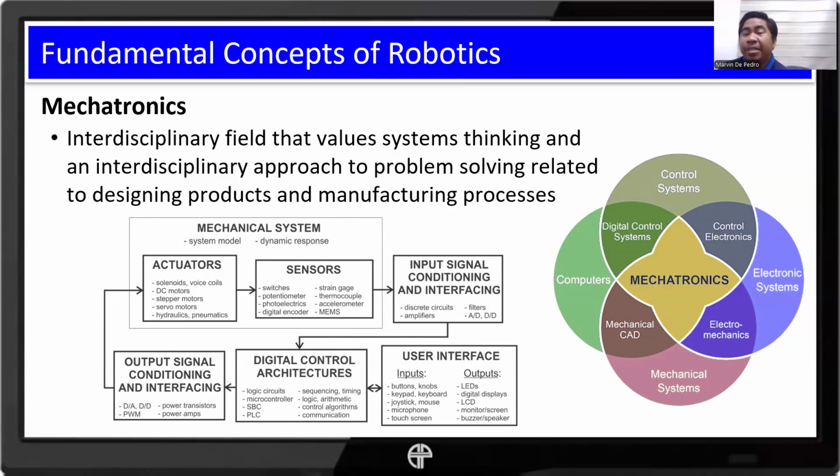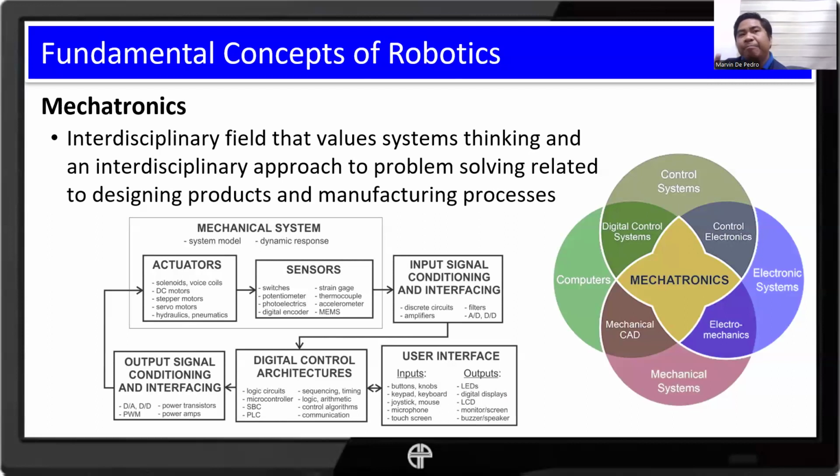This is more like the combination of different fields that are involved in electronic systems, control systems, computers, and mechanical systems.